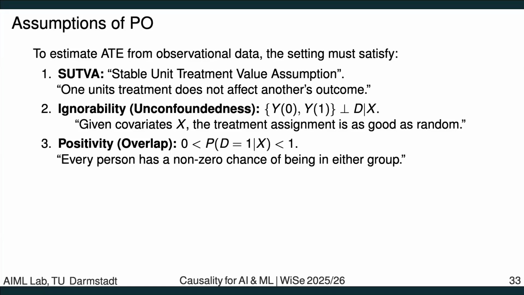So if I average over the treated and non-treated distribution, all those confounding effects factor out and cancel each other.